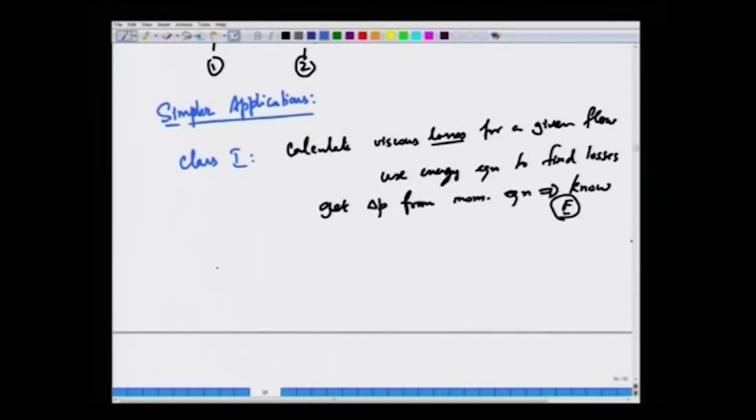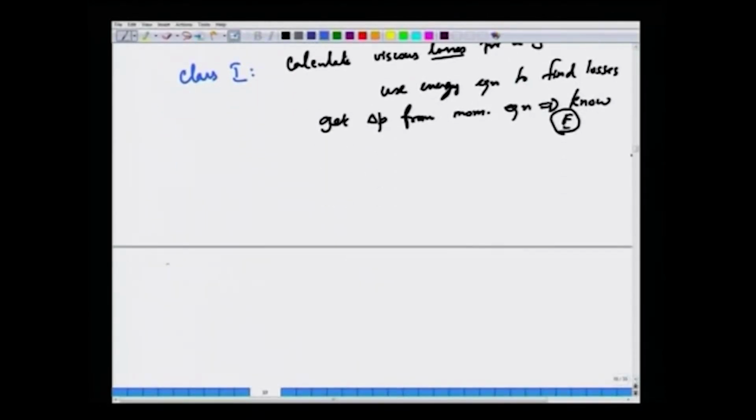Now, class 2 problems. The second class of problems will involve forces that must be calculated from the momentum balance. Essentially, the question posed is: calculate the force for a given flow.